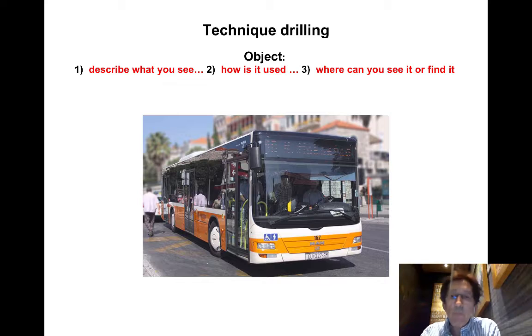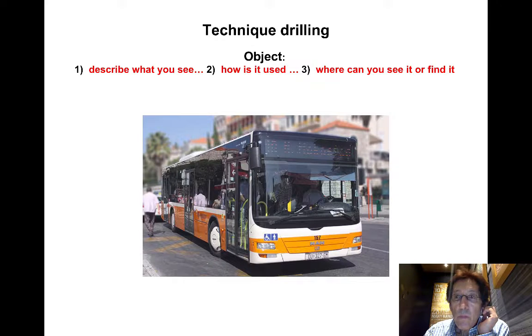Okay, the next page, page 6. The object shown on the screen is also a kind of vehicle, but it is a kind of public vehicle.